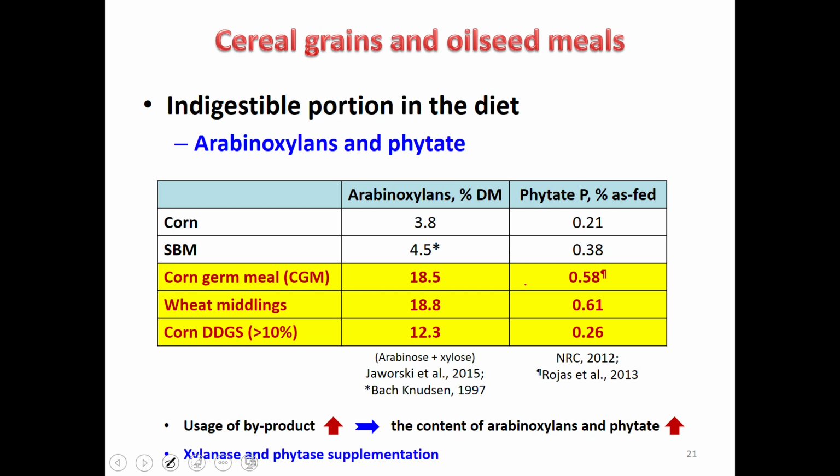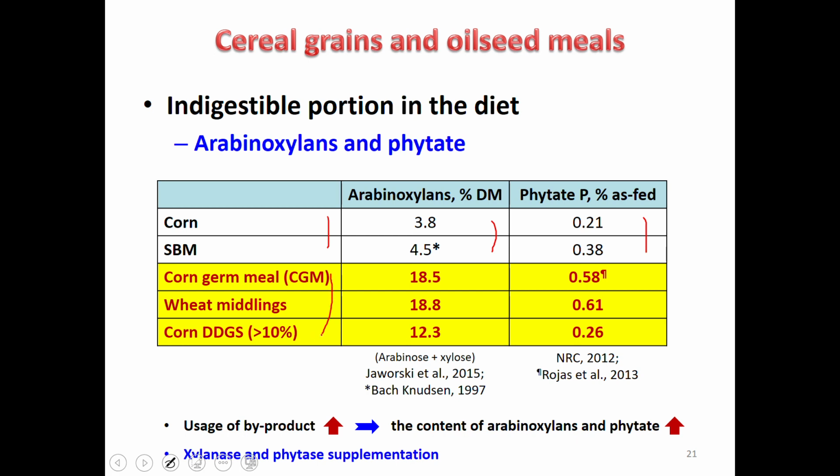So this table shows arabinoxylans and phytate phosphorus content in different feed ingredients mainly used in swine diet. Corn and soybean meal contain arabinoxylans and phytate phosphorus. But we also use fibrous byproducts to reduce feed cost for growing and finishing pigs because they usually have better ability to use fiber compared to younger pigs.